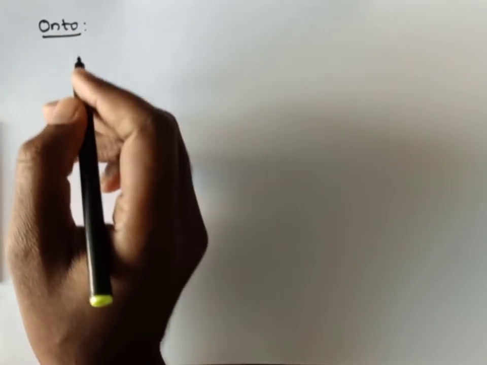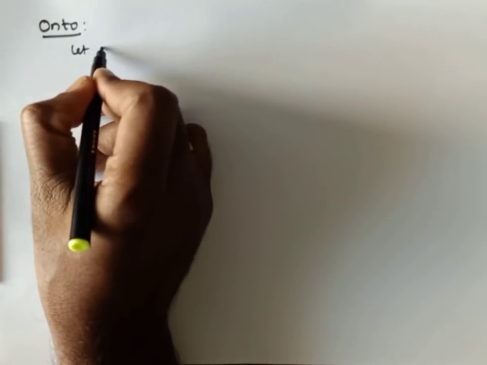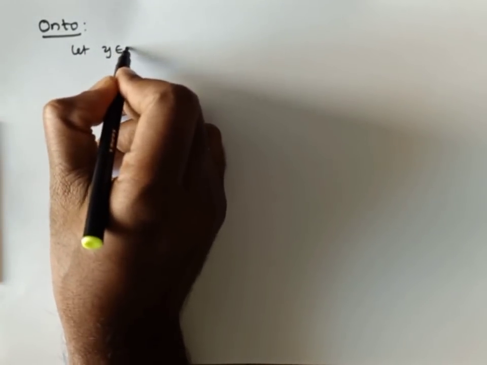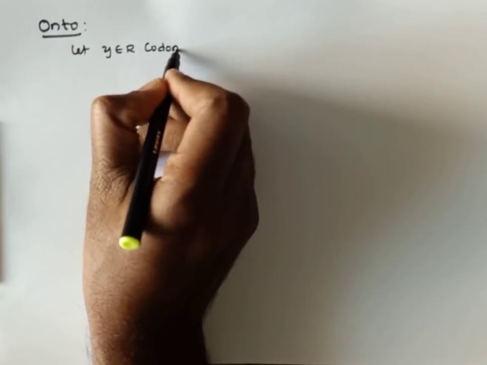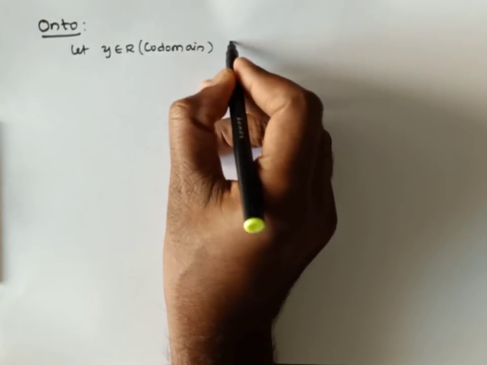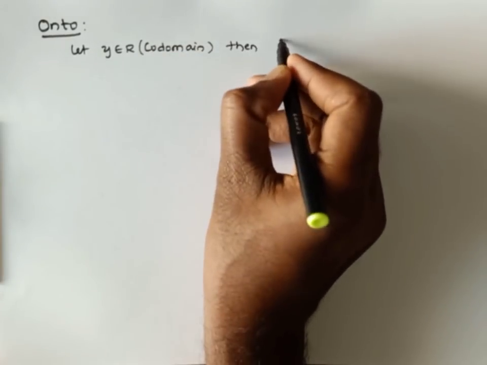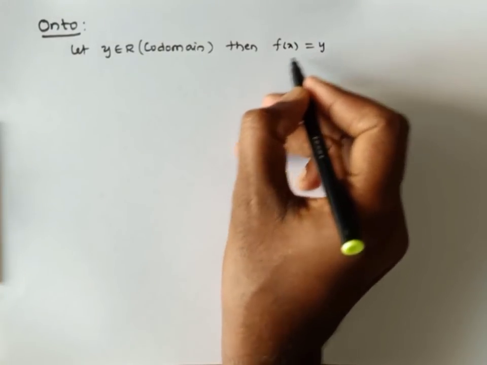So next, surjection or onto condition. So we need to check whether the given function is onto or not. So let y be any element from R, meaning the codomain. Then we need to write a relation from x to y. Then f of x is y. So here what is given?